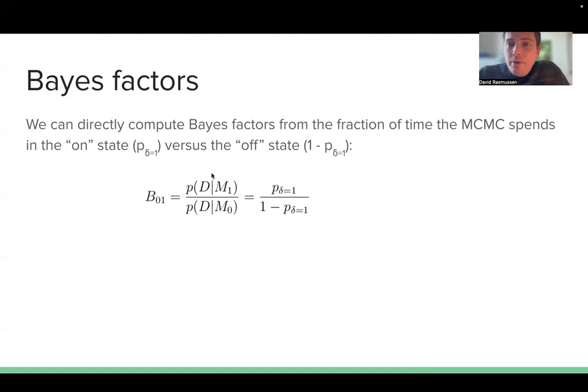So if we want to compute the Bayes factor for a model with a given migration rate over a model that assumes that migration rate is 0, we can look at the proportion of the time the model spends in the on state, where the dummy variable is 1, relative to the proportion of the time in which it's in the off state, which will just be 1 minus that p delta. By calculating this ratio, we can see how much posterior support we have for the model that includes this rate parameter over a model that does not include it.